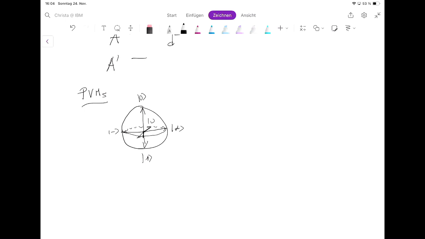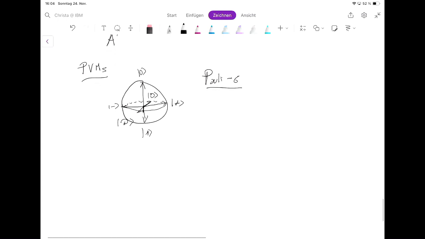So usually they're designed with these curved arrows. And this is what we call the Pauli 6 measurement. Okay? Why is this sufficient for you to reconstruct the full information about the state? Because you know very well that you can write a density matrix in this way.